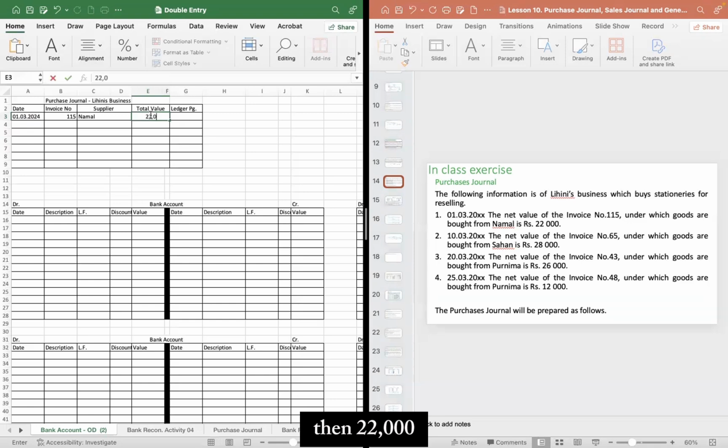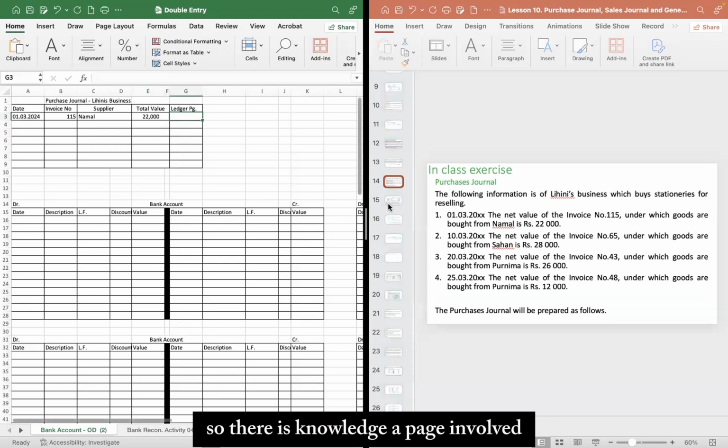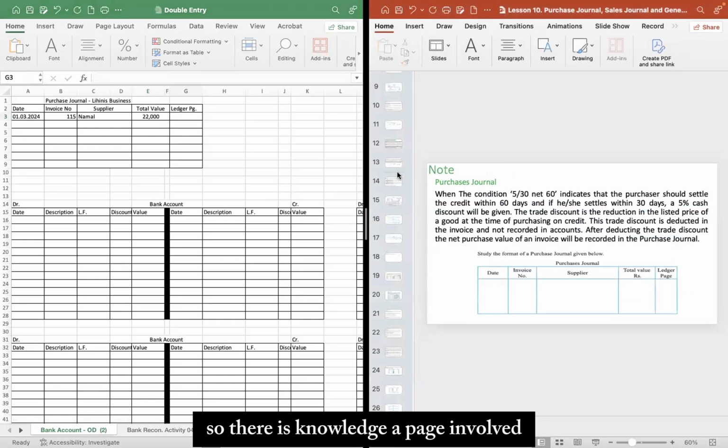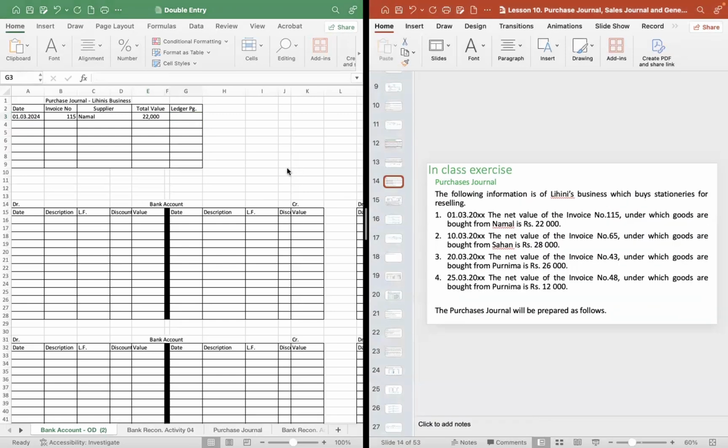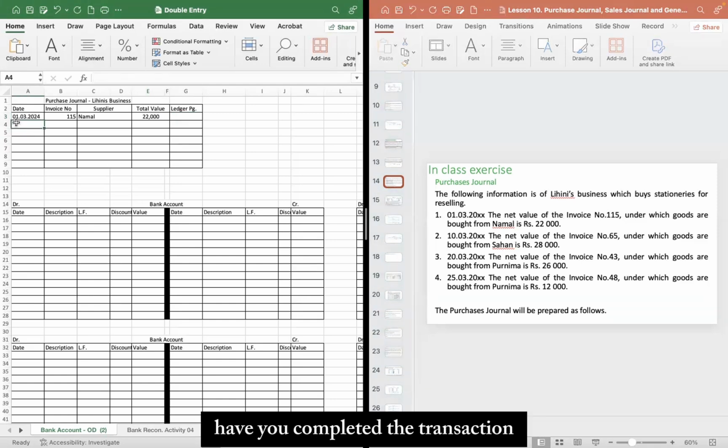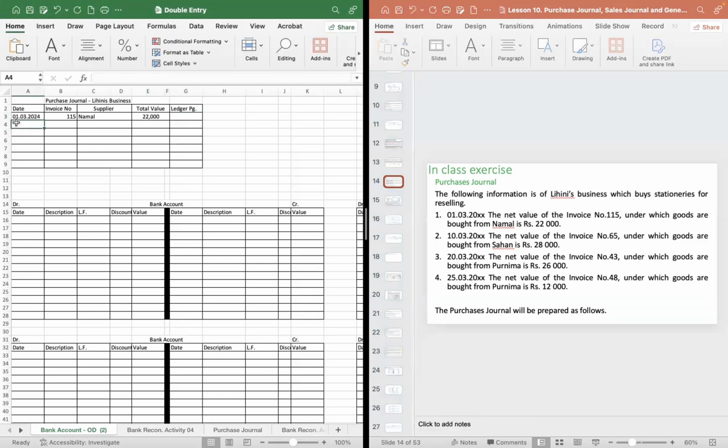Then 22,000. So there is no ledger page involved. Have you completed that transaction? Shall I move on to the next?